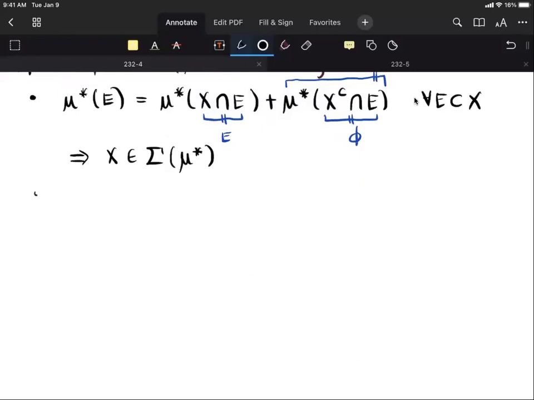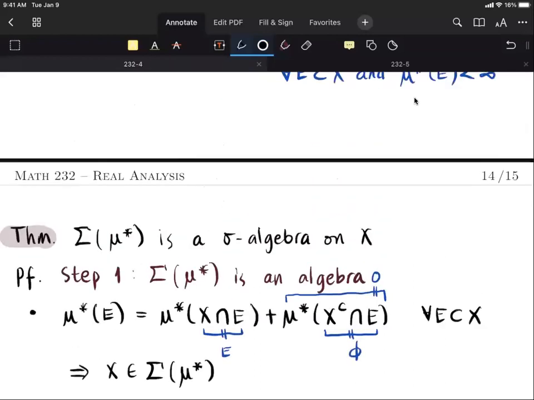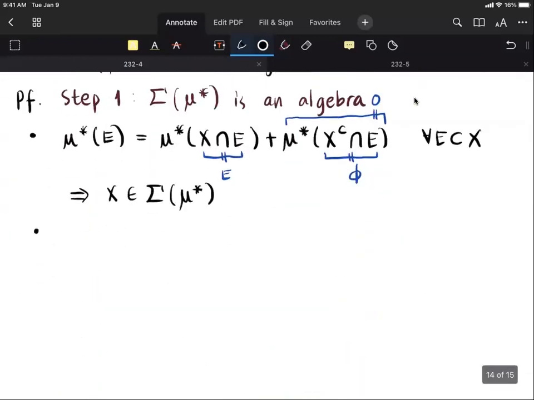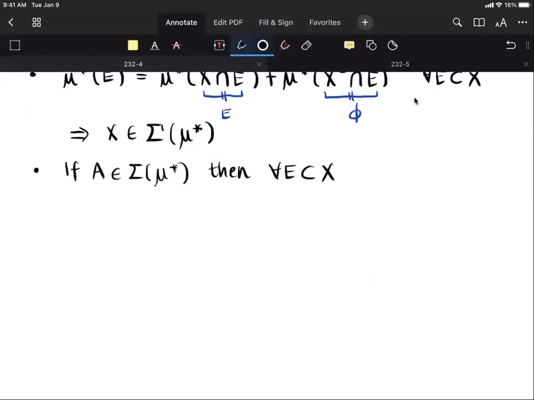Now, how about closure under complementation? Going back to the definition, take note that this definition is symmetric with respect to A. In other words, if I have a measurable set A, then for all subsets E of X, let's start with the definition of measurability.